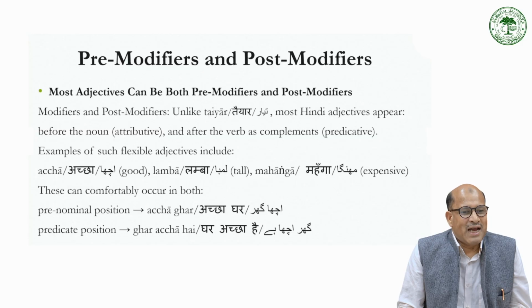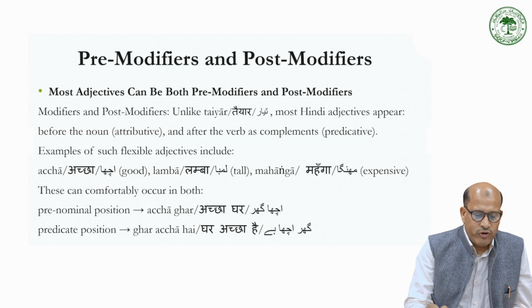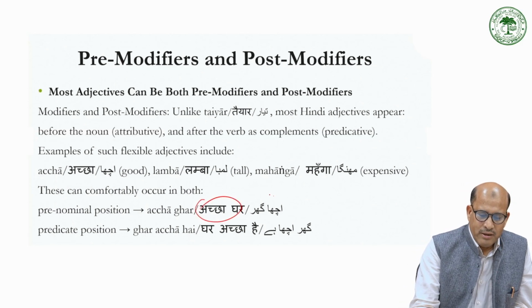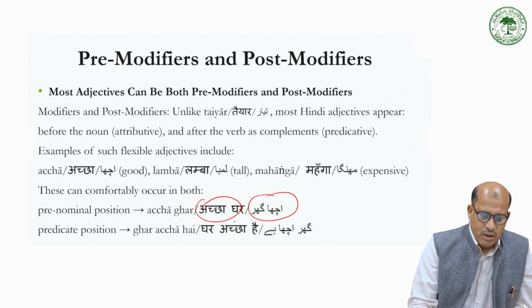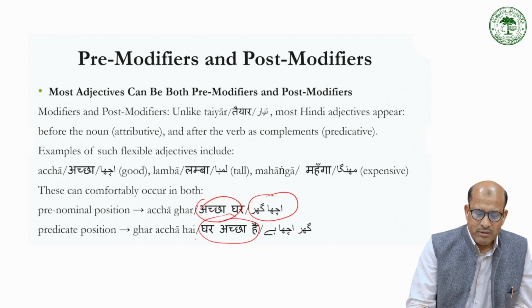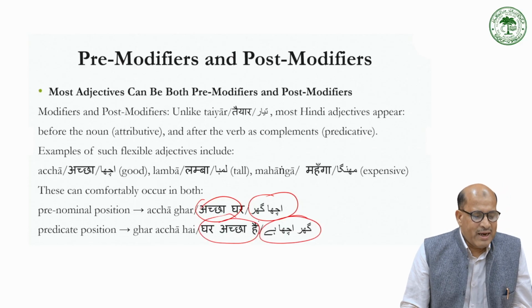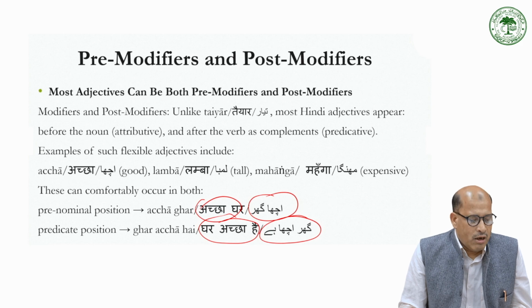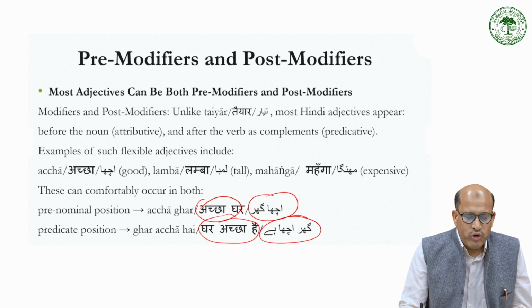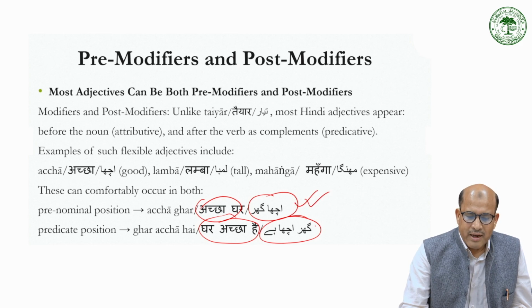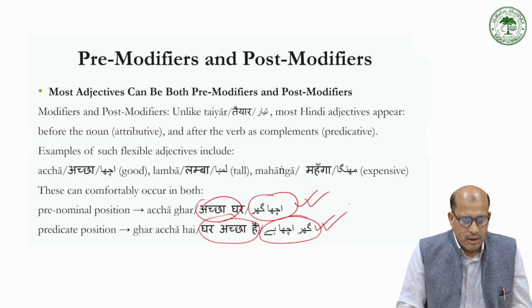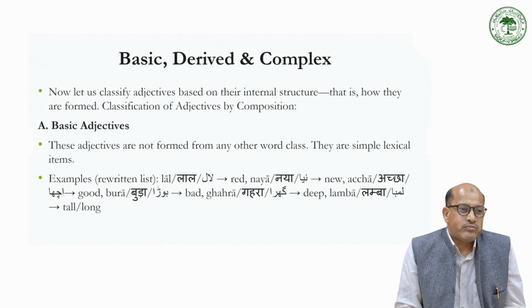For example, अच्छा घर, घर अच्छा है. Both are correct, pre-nominal position and predicate position. Both uses are correct here. So you can see the context of its use.